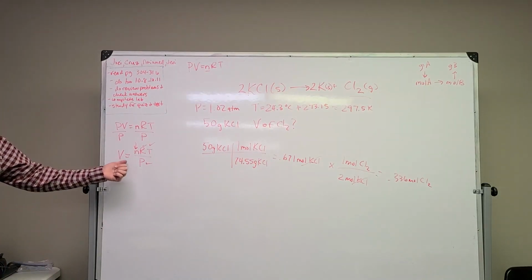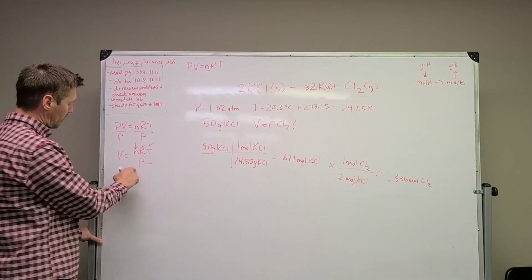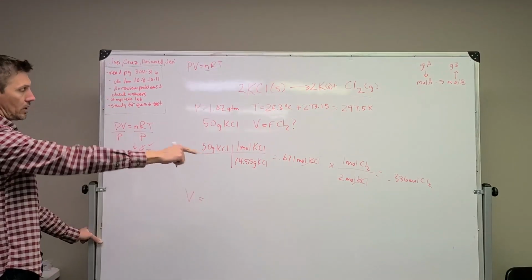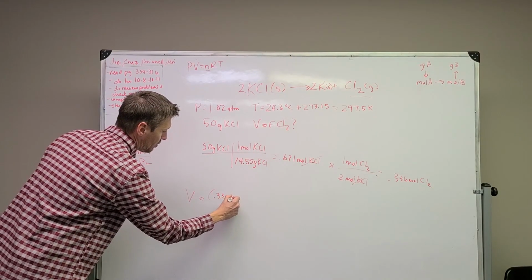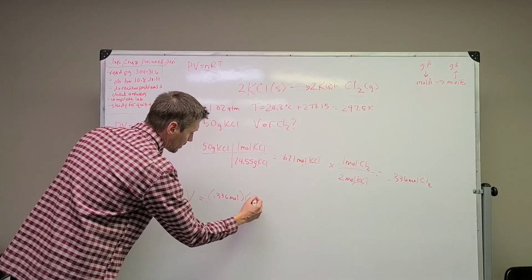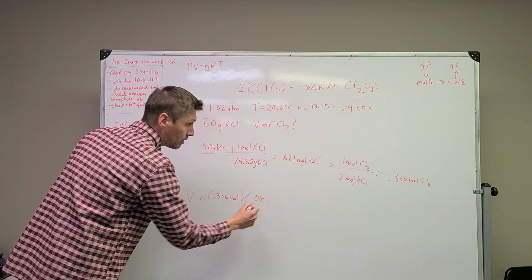Now we've got all the values that we need to plug in to our equation to give us the volume. So the volume of chlorine gas is going to be equal to the number of moles of chlorine gas, 0.336 moles, times the ideal gas constant, which is 0.0821.